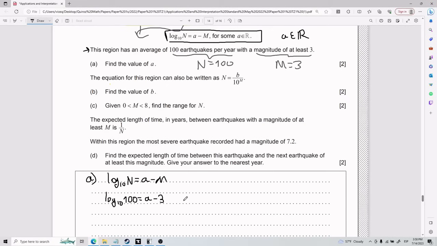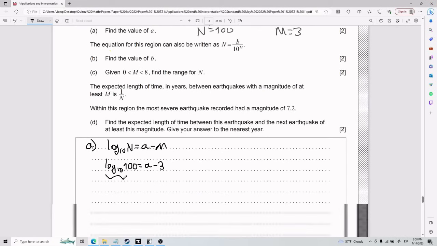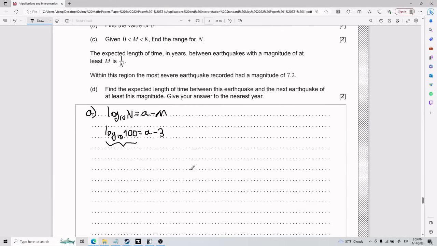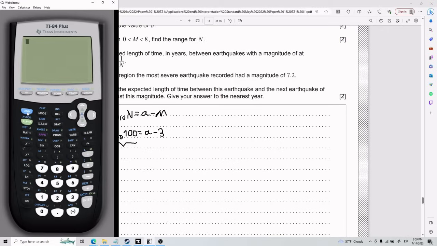Okay, now I'm getting somewhere, see? Now this on the left, again, it's part of understanding how a log works, is an actual number that you can find from your calculator. You can actually go log, this number next to the 7, put 100, and there you go, it's 2.